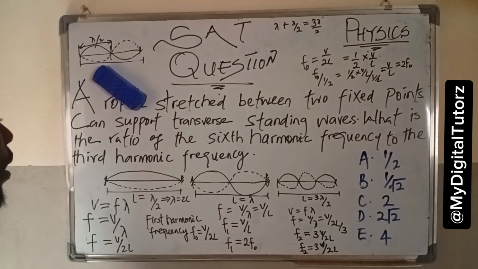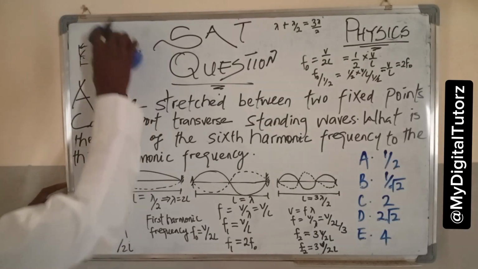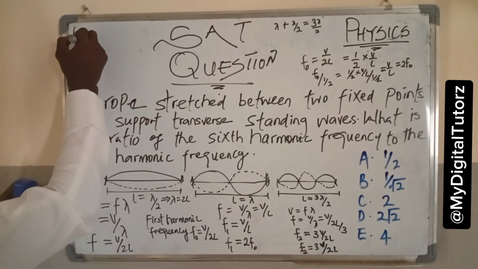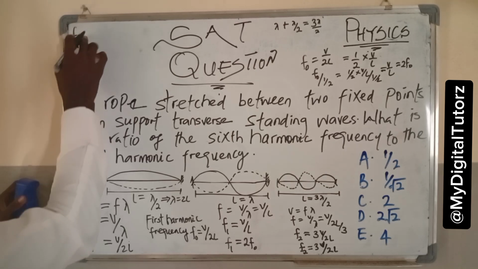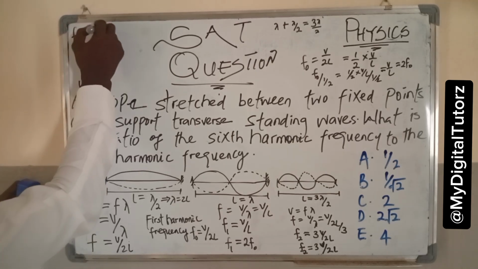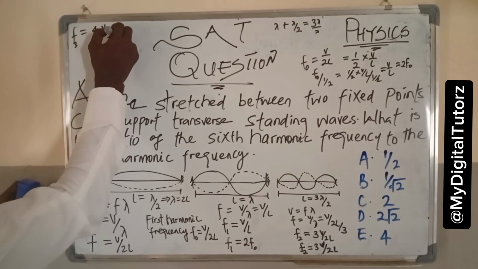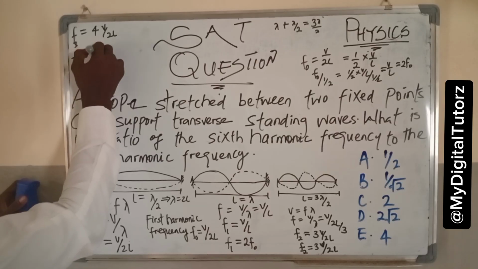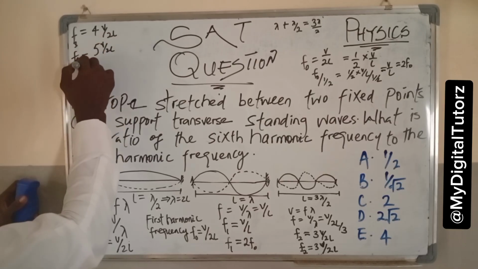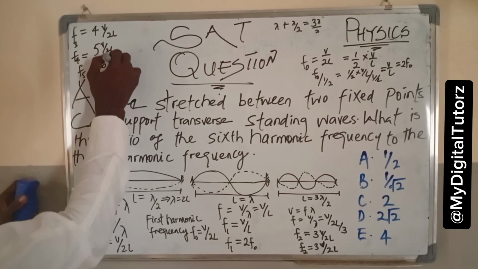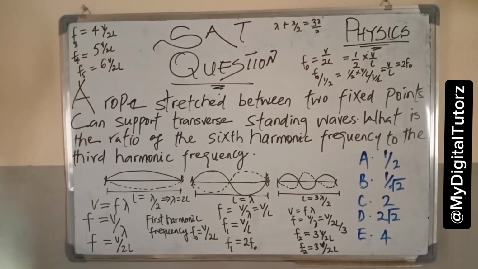So you expect that my fourth harmonic will be equal to 4V all over 2L. My fifth harmonic will be equal to 5V over 2L. And my sixth harmonic will be equal to 6V over 2L.